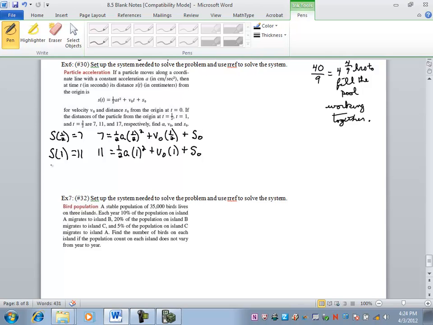And then s of t, t of 3/2 rather, t of 3/2 equals 17. So 17 equals 1/2 a times 3/2 squared plus v sub naught times 3/2 plus s sub naught.